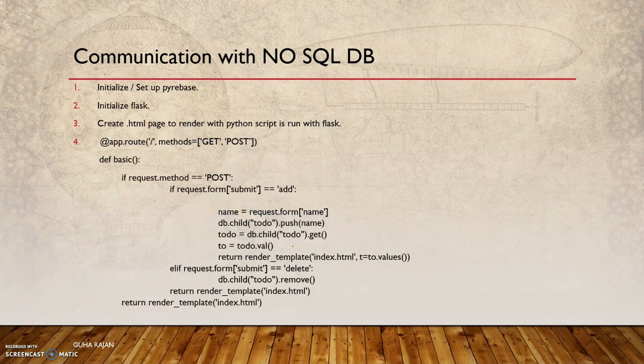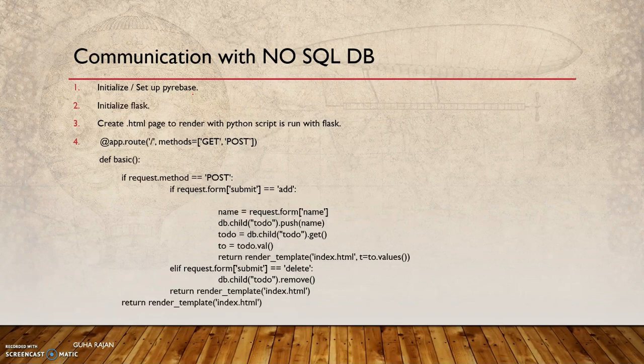So we have seen how to use Flask and use that in an HTML page to display an output in the URL. Now we'll see how to communicate with the NoSQL DB with Flask. This is the flow we'll have. We need to initialize Firebase, that is the import of Firebase we have seen earlier, followed by the configuration parameters related to the NoSQL database.